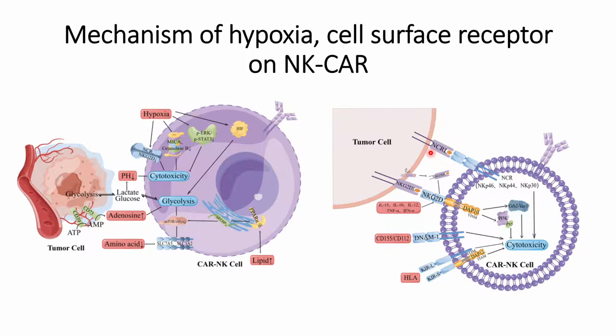The NCR ligand can then interact with the NCR receptors, which include NKp46, NKp44 and NKp30. The NCR ligand can interact with any of these receptors, and all this contributes towards increasing the cytotoxicity of the CAR NK cells against the tumors.